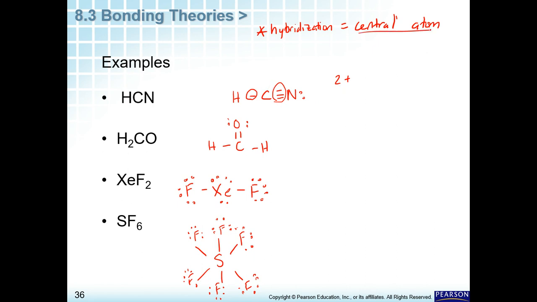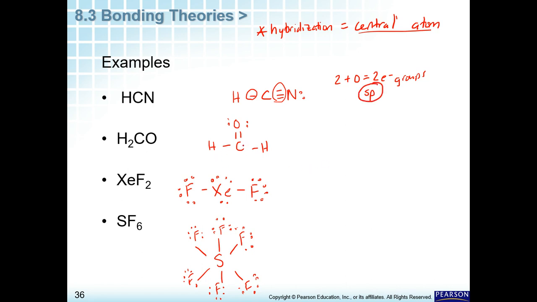Remember, this is on the central atom, so I have 0 lone pairs on the central atom, which gives me 2 electron groups total. Then my hybridization must add up to my electron groups. So I have to have an s that gives me one of my electron groups, and then a p will give me my second. So my hybridization is sp.